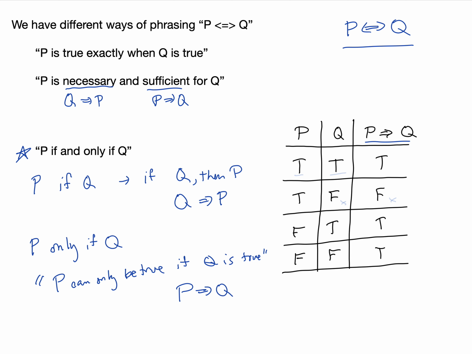If we think about this P implies Q, then P can only be true if Q is true. If Q is false, then P cannot be true. This entire statement would be false. So that's the two pieces, P if and only if Q. P if Q corresponds with Q implies P. P only if Q corresponds with P implies Q.